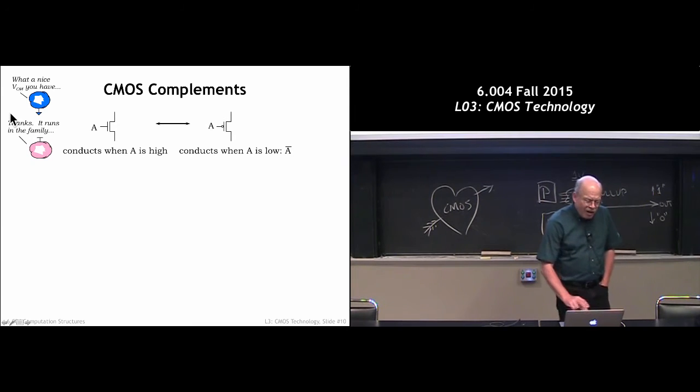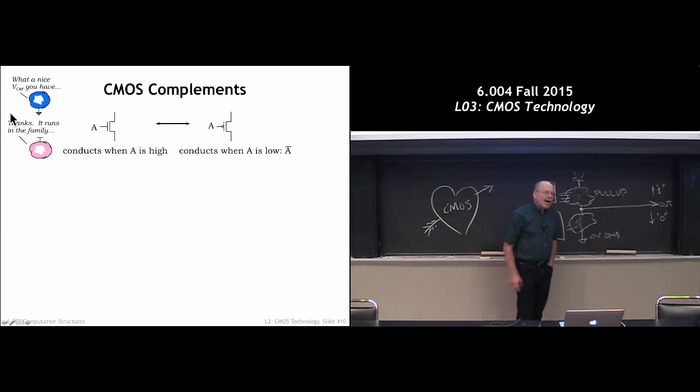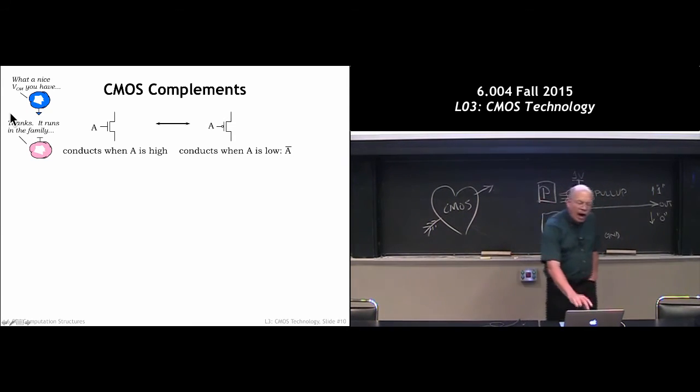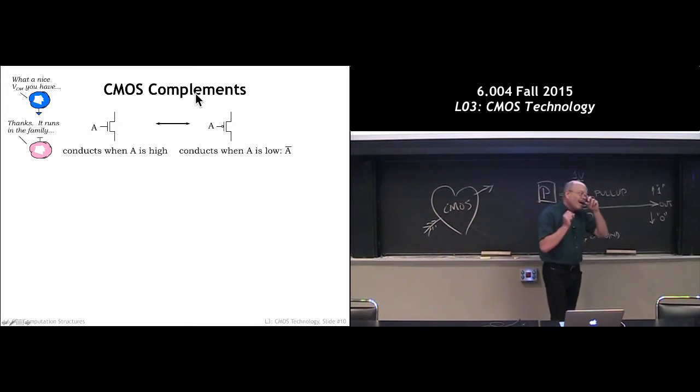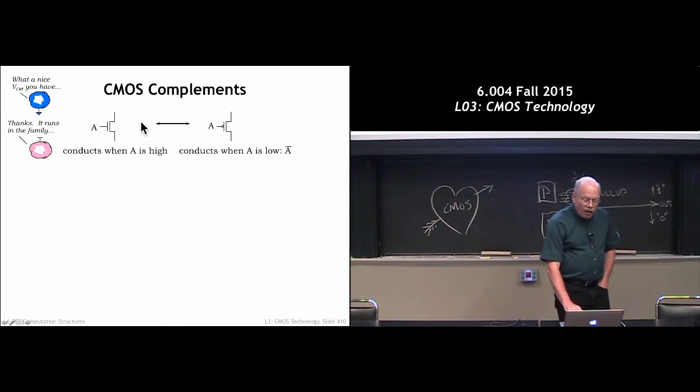Okay, so the idea is that complement in this case is not with an I, meaning something you'd say to somebody you wanted to impress, but with an E, which means they behave in a complementary or opposite fashion. So the NFETs and PFETs are complementary because when A is high, this device conducts.